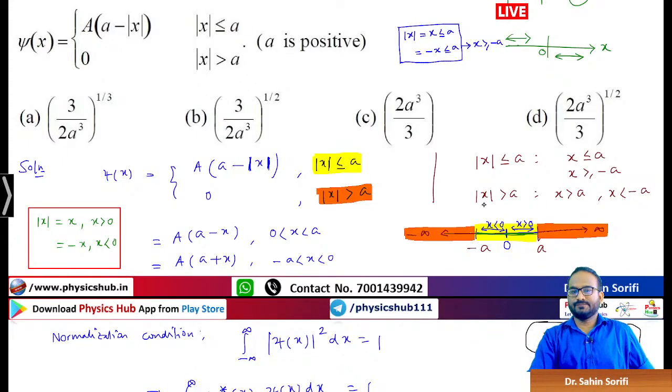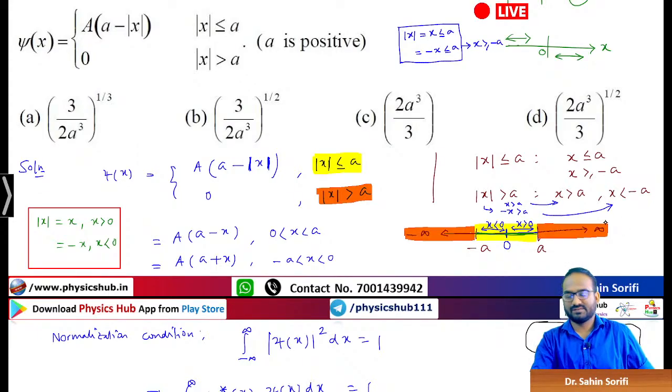Here also mod x greater than a means x greater than a, minus x also greater than a. By definition, it gives you minus x greater than a and x greater than a. x greater than a is natural. Minus x greater than a means x less than minus a. Now understood?